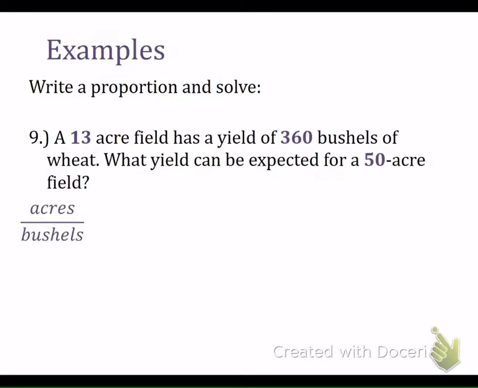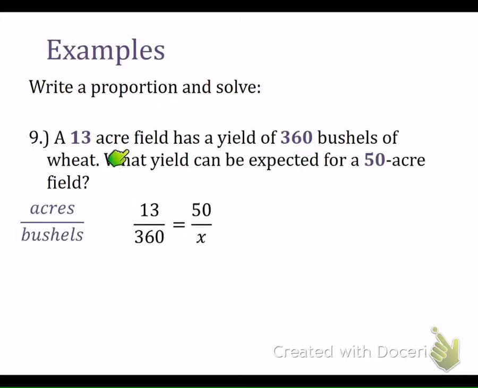What's the first number I know for acres? 13. That goes with how many bushels? 360. So 13 over 360. That's going to equal how many acres? 50 over x. That's what we're looking for.